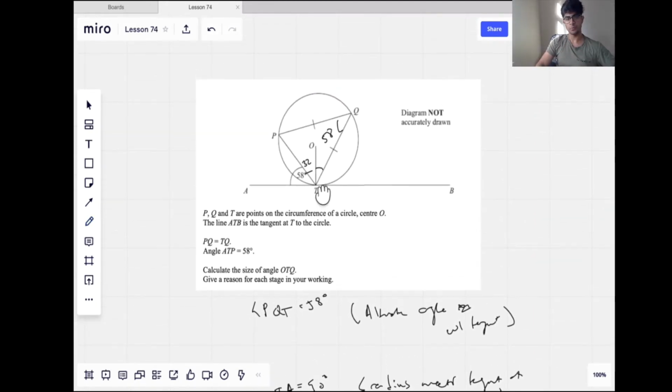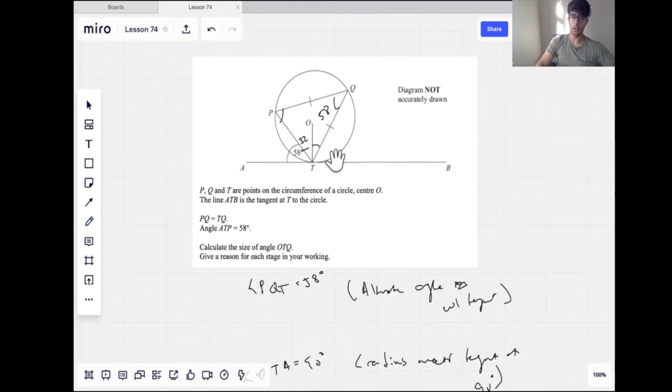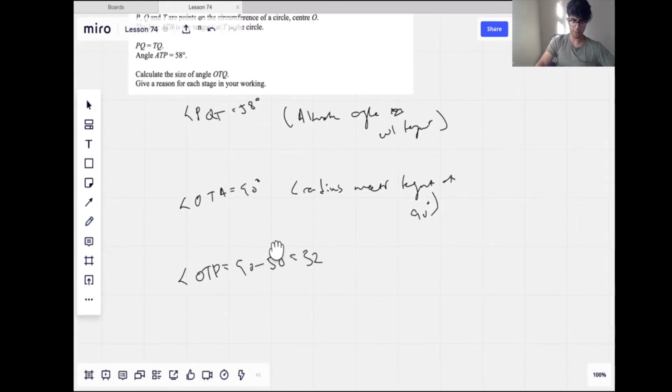So now what we do is we think about a piece of information we haven't used so far. The piece of information we haven't used so far is that these two lengths are equal. And that means it's an isosceles triangle. So we know that this angle here is equal to this angle over here. So angle TPQ is equal to angle QTP. So we can write that, in fact.